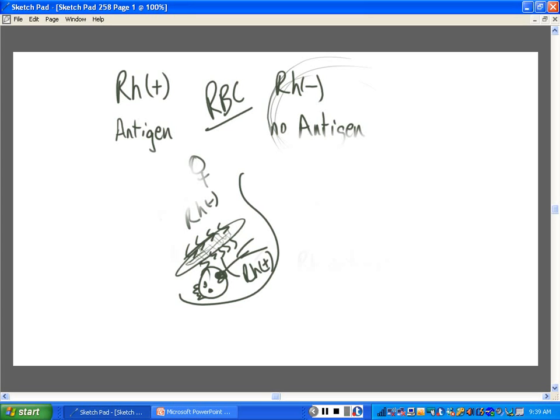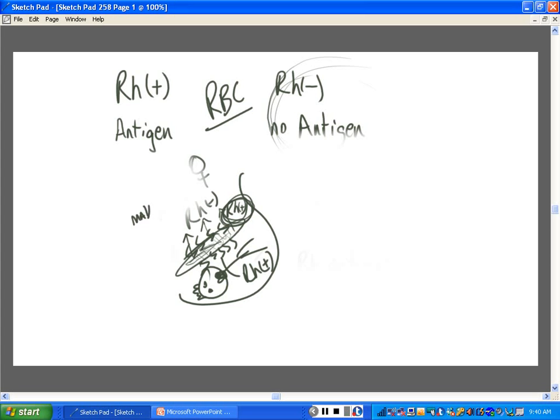Well, because things are little and stuff happens, some of baby's little blood gets up here. What would mom start to do to those Rh positive antigens?